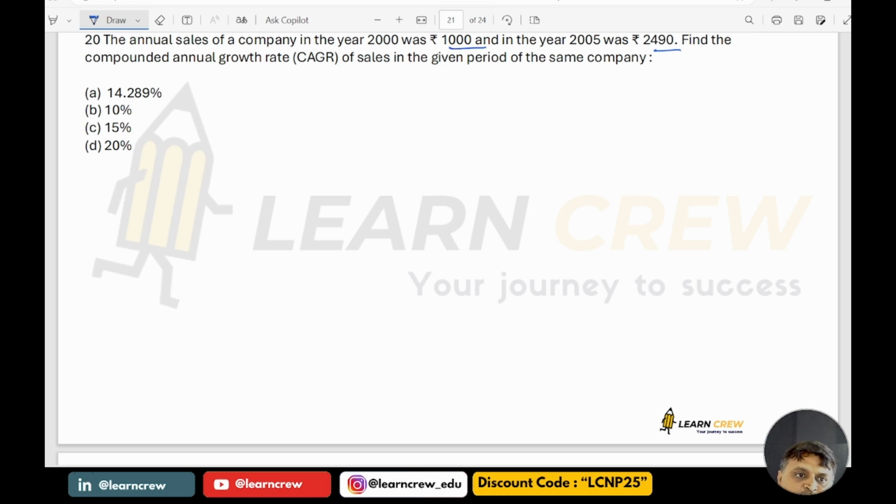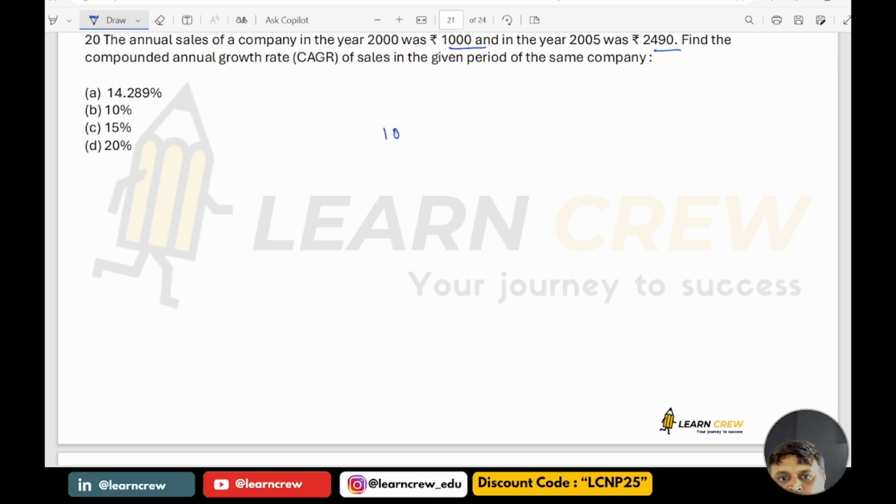So if you see here, 1000 becomes 2490. Find the compound annual growth rate. So what is going to fit here?